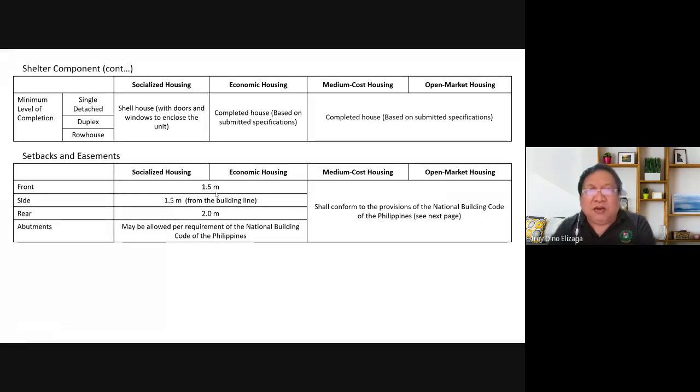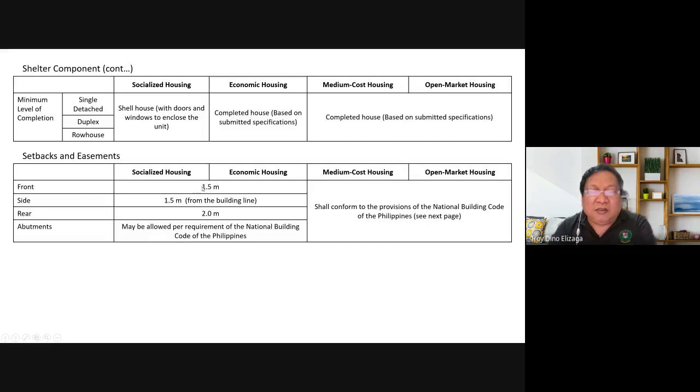They try to sell their housing very big, but when they design with the minimum setbacks for socialized and economic, okay, because this is very small.